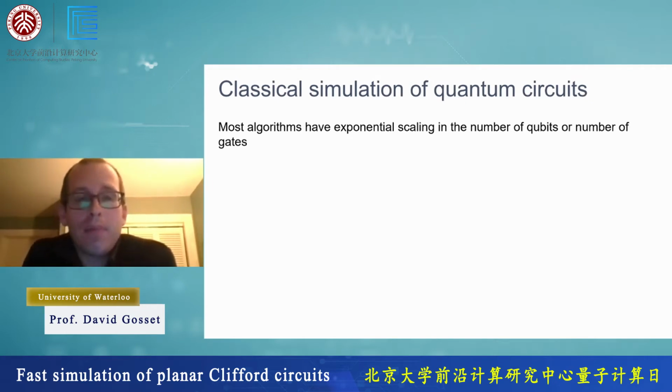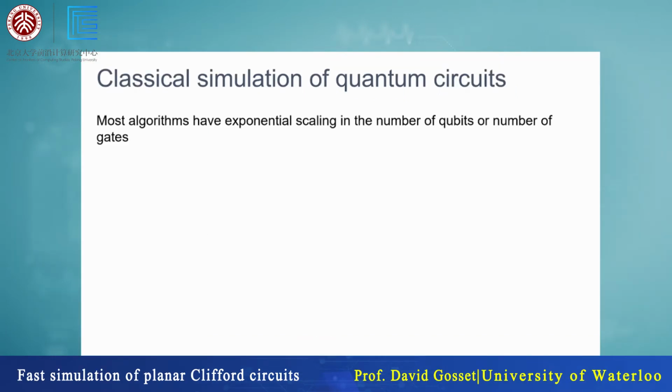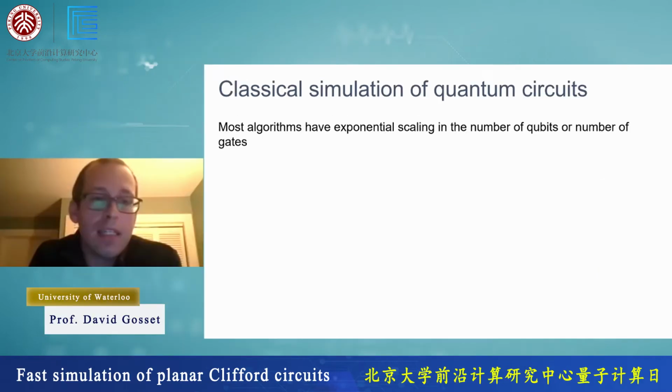Now, if you ask about what the algorithms for classical simulation of quantum computers are, the answer, for the most part, is fairly simple. Most algorithms that we know of, at least in a general setting, have exponential scaling in the number of qubits or the number of gates.